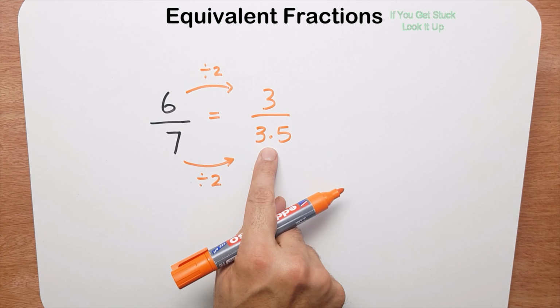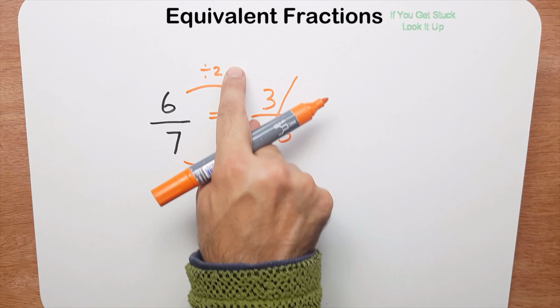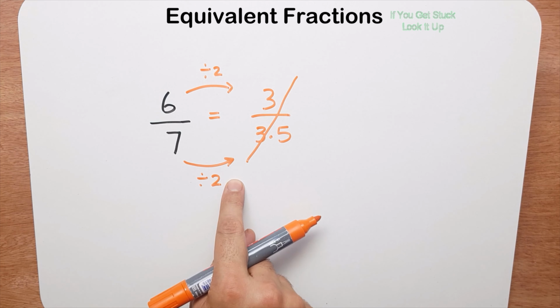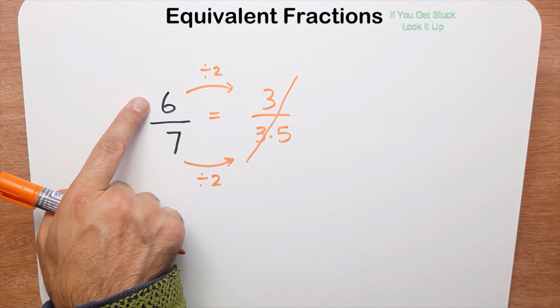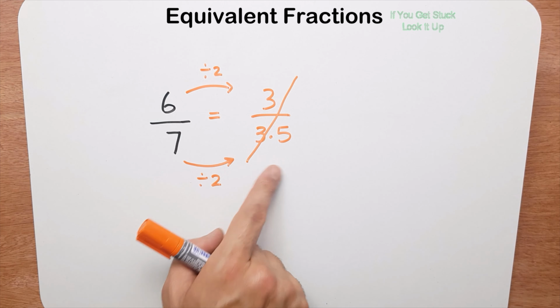And now we have to be careful with that because that's given a decimal. We can't do it this way. We can't divide the numerator and the denominator by 2. And in this case, we can't find an equivalent fraction by dividing.